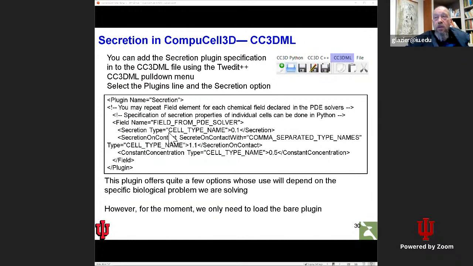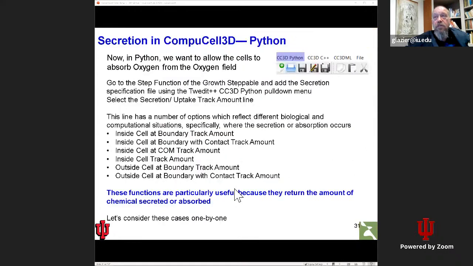I have to say, in this case, who's secreting, what kinds of cells are secreting, whether that secretion is everywhere or only when I'm in contact with other particular cell types, and then whether this secretion is of type constant concentration, constant rate, and there's some other options. If I'm going to specify things in Python, I just need to say that I have secretion, and I don't have to do more than that.